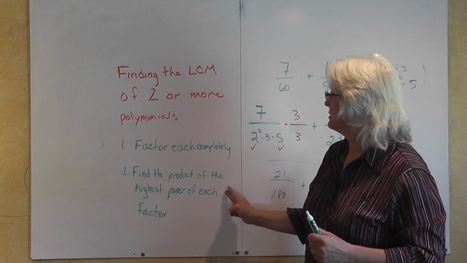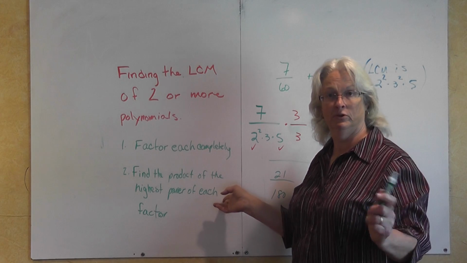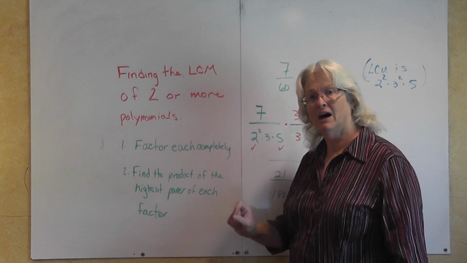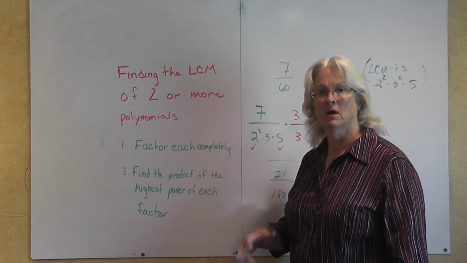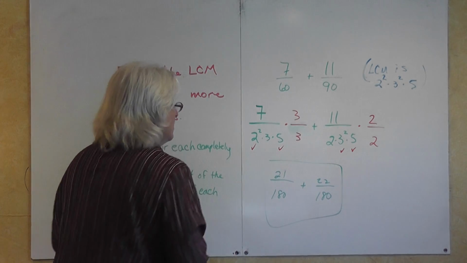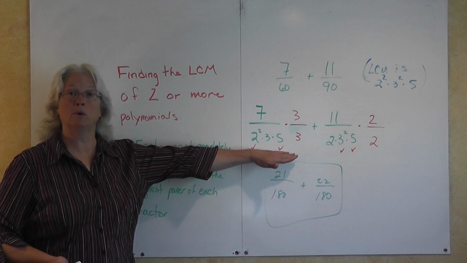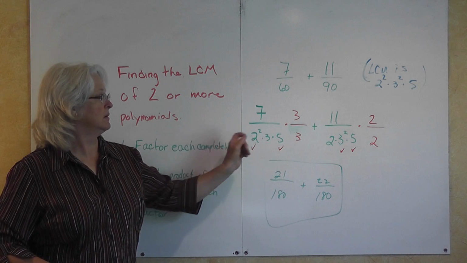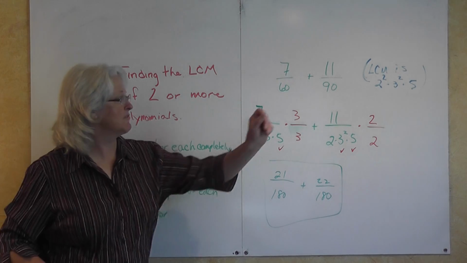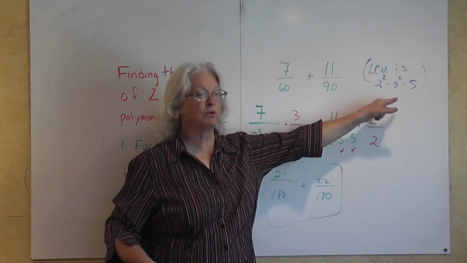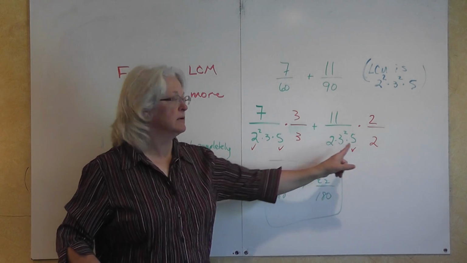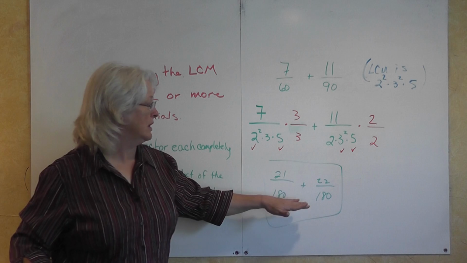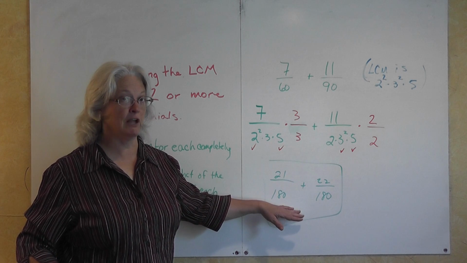Then the second step is to find the product of the highest power of each factor. That's a mouthful, but that is exactly what we did here with these fractions. We found the product of the highest power of each factor to get our least common multiple, and then we added our missing factors to come up with the common denominator of 180.